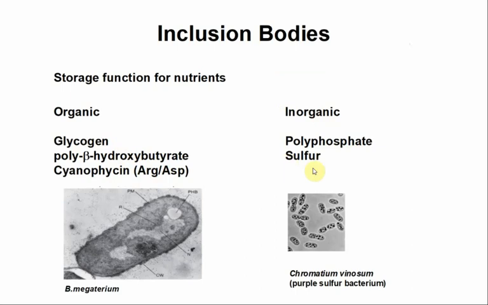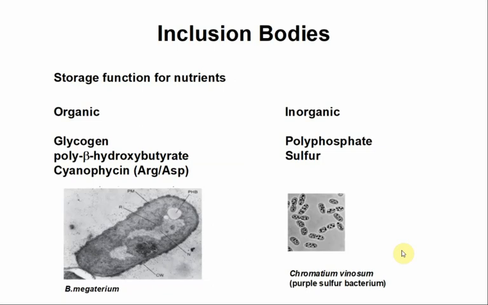Okay, some bacteria base their energy metabolism on sulfur oxidation. So similarly, this can be a limiting chemical resource for growth, in which case, they can store granules of sulfur inside the cell.